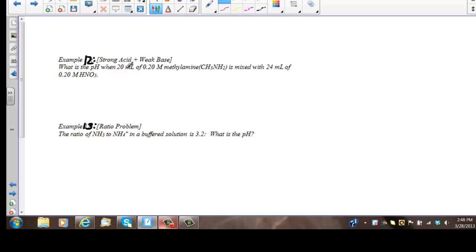So now I've got another different type of problem with a strong acid and a weak base. Slightly different. I'm still using the H from the HNO3 plus the methylamine, which is the base, to form CH3NH3+. I'm starting with 20 times 0.2, which is 4, and 24 times 0.2.